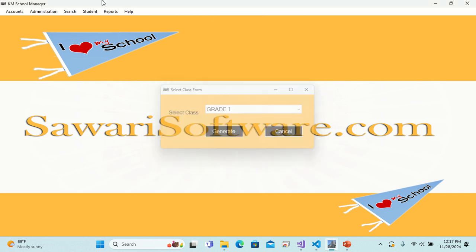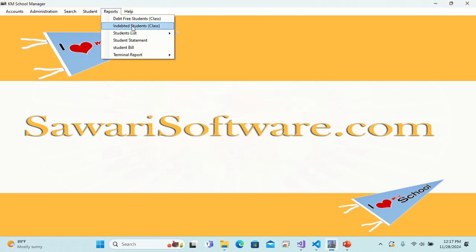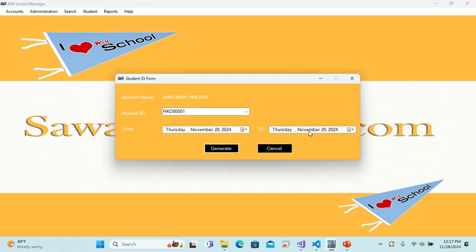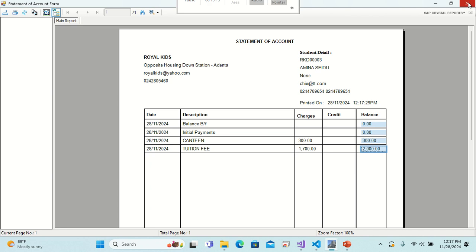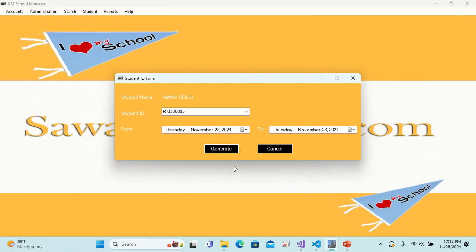Then there is another report here, a student statement. Okay, so you can pick a student and get their statement for a period. The period you select, like this one. So their current balance is 2000, and this 2000 came from this and that. Okay, so that's mostly the most important thing you need to know about student accounting.